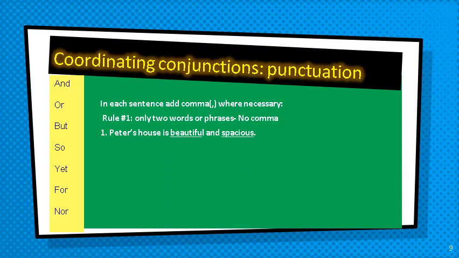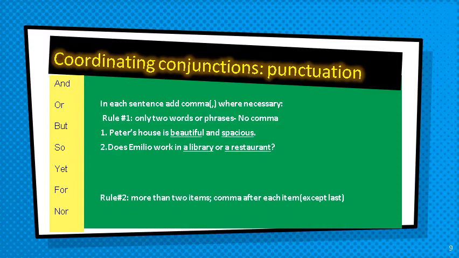For example, Peter's house is beautiful and spacious. Here, and is connecting 2 words, so we haven't used any comma. Does Emilio work in a library or a restaurant? Here, the conjunction or is connecting 2 noun phrases, so we haven't used any comma.